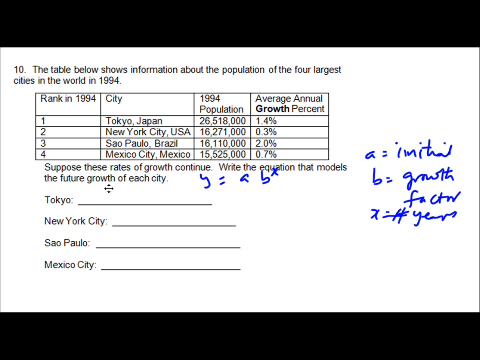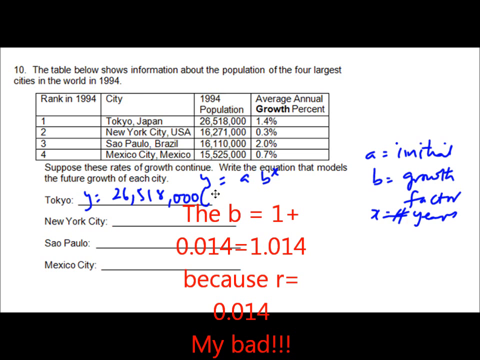So for Tokyo, y equals the initial amount, 26,518,000 is my initial amount. B is the growth factor, so 1.4% is the growth percent. So this is like, let's see, 1.014, because 1 plus or minus r, remember that? This will be your equation.